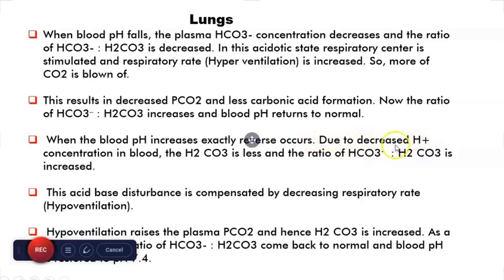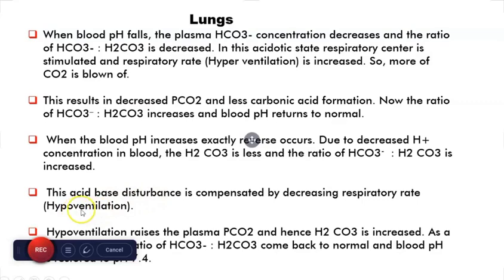So it means there will be decreased hydrogen ion concentration in blood. And CO2 is also acid. So because of that, there will be less acid in the system. And so what will happen? The body will run to the state of what? Hypoventilation. So it will be stimulated to balance acid-base balance.